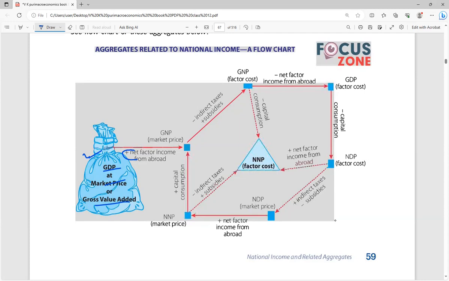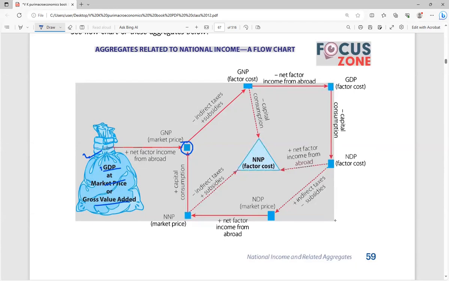So now GDP at market price, if you add NFIA, that is net factor income from abroad, check here that I am adding NFIA. If you add NFIA, it is converted to gross national product at market price. This point is the gross national product at market price.